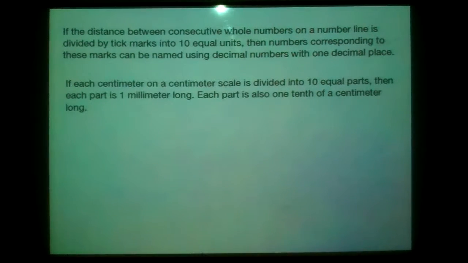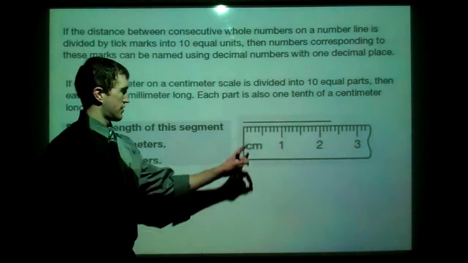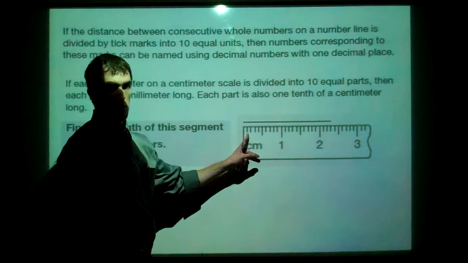Alright, and a way that we can see that normally is with a centimeter ruler, which we've seen quite a bit. Let's bring it up right here. We have a cutoff ruler here, and we are in centimeters. The little marks are millimeters.